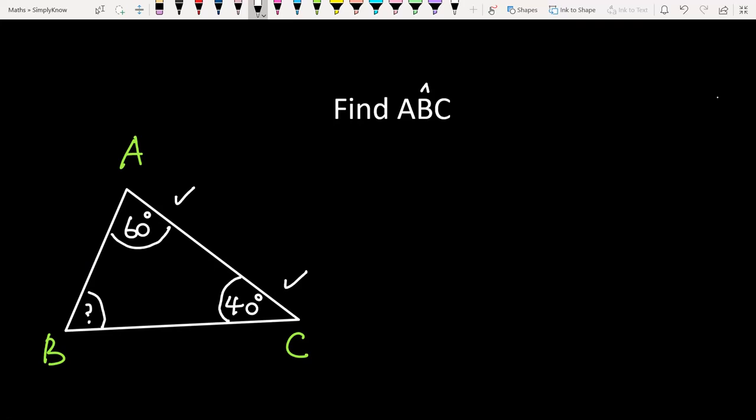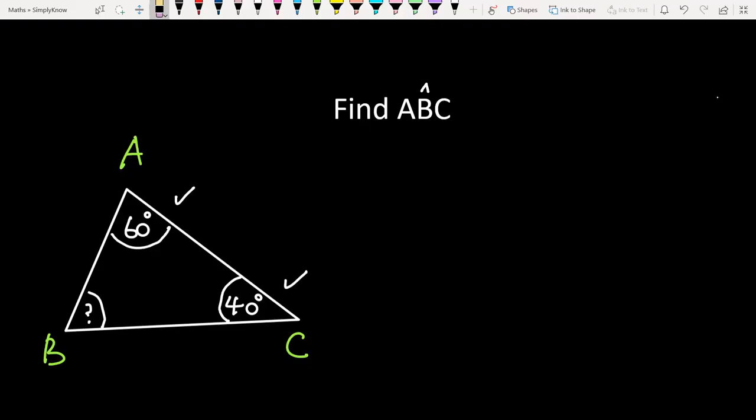Now we know, according to our theorem, the sum of the interior angles should be equal to 180 degrees. In this case, our interior angles are the angle which we should find, ABC, also 40 degrees and 60 degrees.